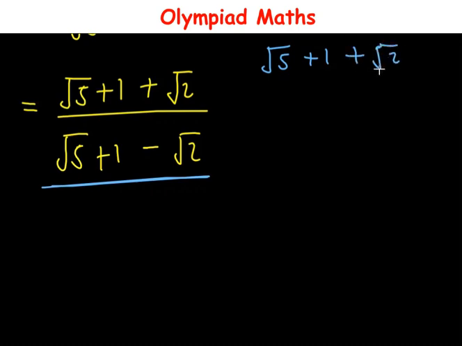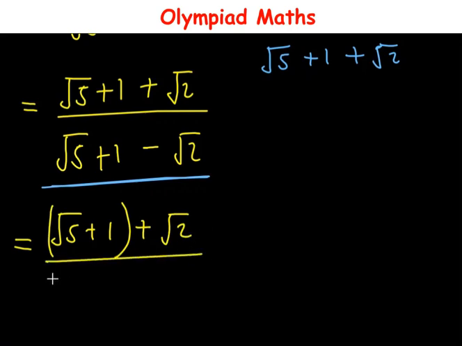Okay, so multiplying the numerator and the denominator, this is then equal to root 5 plus 1, then we have plus root 2, all over root 5 plus 1, then minus root 2.